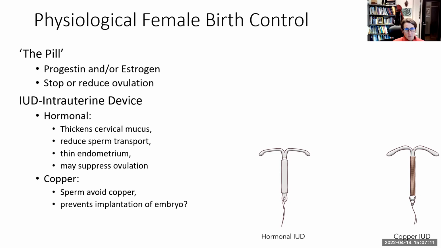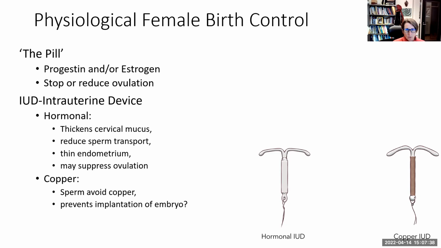The other form of birth control, or another form, there are lots of forms, is an IUD, an intrauterine device. Some of them are hormonal, some of them are copper-based, but either way, that is inserted into the uterus and is good for 3 to multiple years, depending on the type you've got.